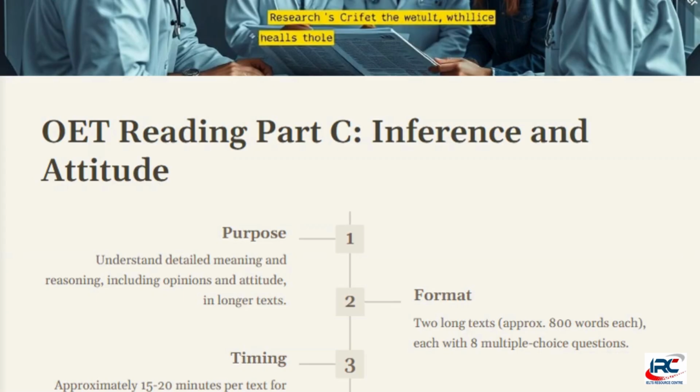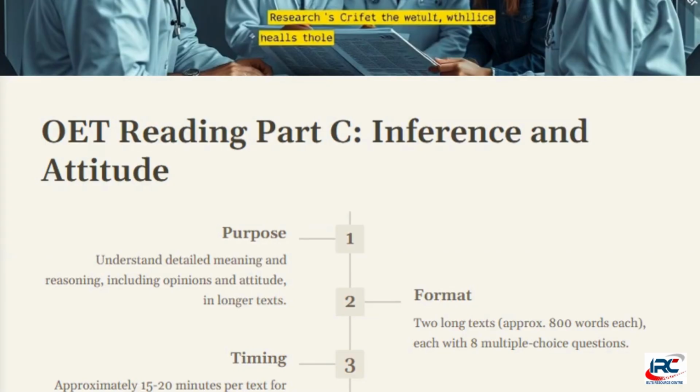The purpose of the part C is to unlock hidden layers. OET reading part C is where your reading skills truly come to life. This section challenges you to go beyond the surface and uncover the deeper meaning or reasoning, and even the unspoken attitude or opinions within longer text. So it's not just about what is being said, it's about how it is being said and why.